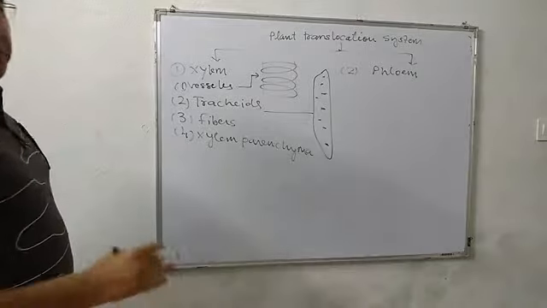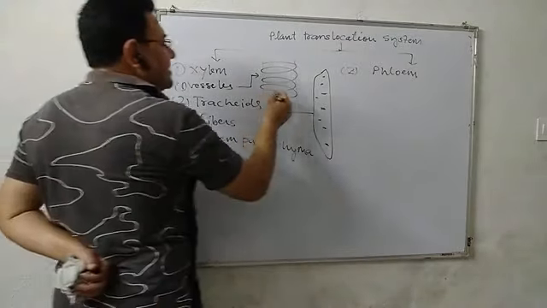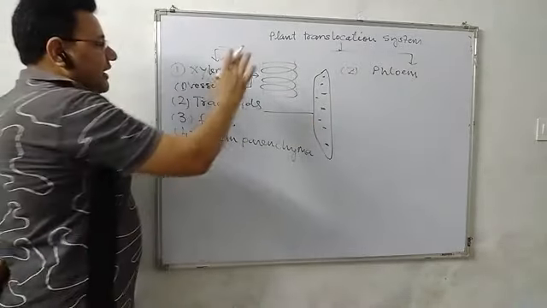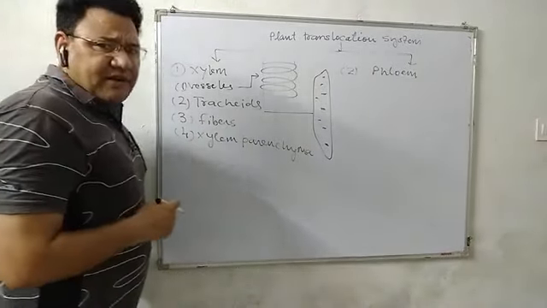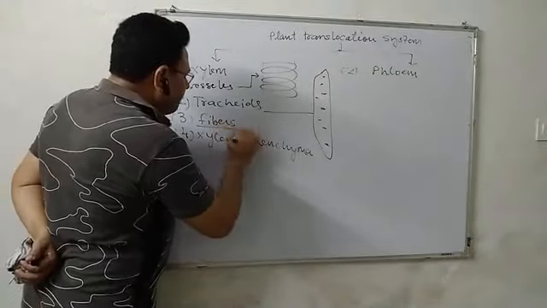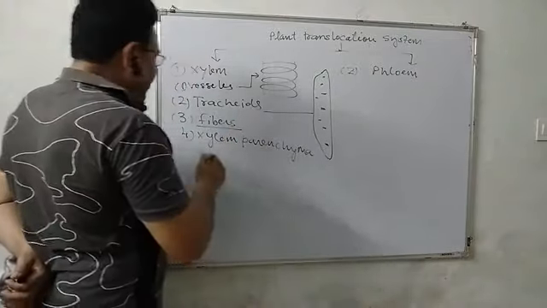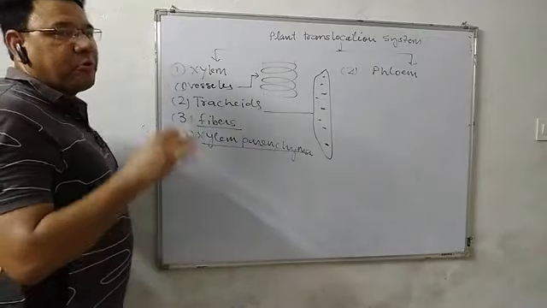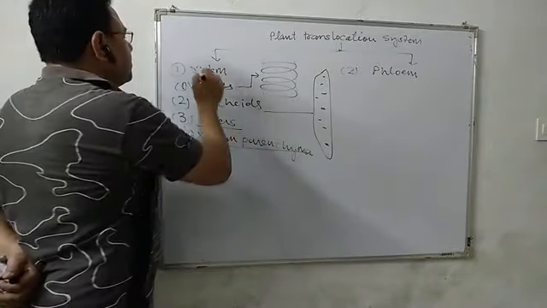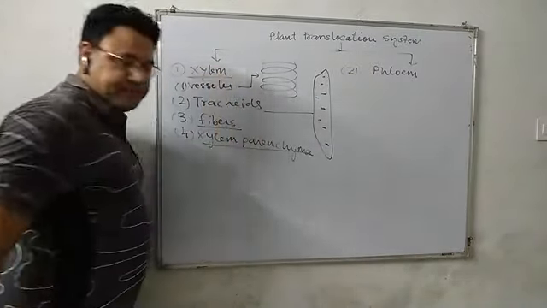So I think you are sure about the vessels and tracheids, their shapes and all. Xylem fibers provide support and xylem parenchyma provides nutrition to the xylem.